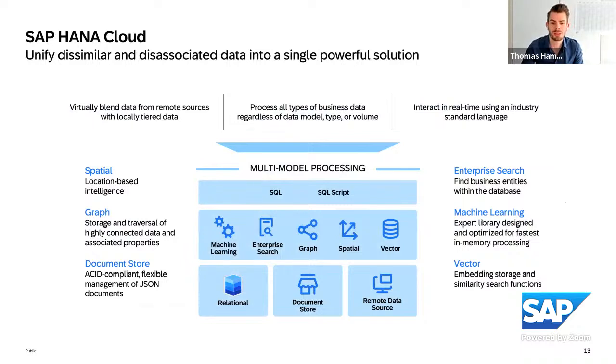I was talking about the specialized data processing engines that are next to our relational store in SAP HANA Cloud. Here, there are a few illustrated, which basically make up the so-called multi-model data processing capabilities of SAP HANA Cloud. So I've talked about geospatial, or here it's mentioned as spatial because it's not just storing geographical data, but any spatial data.